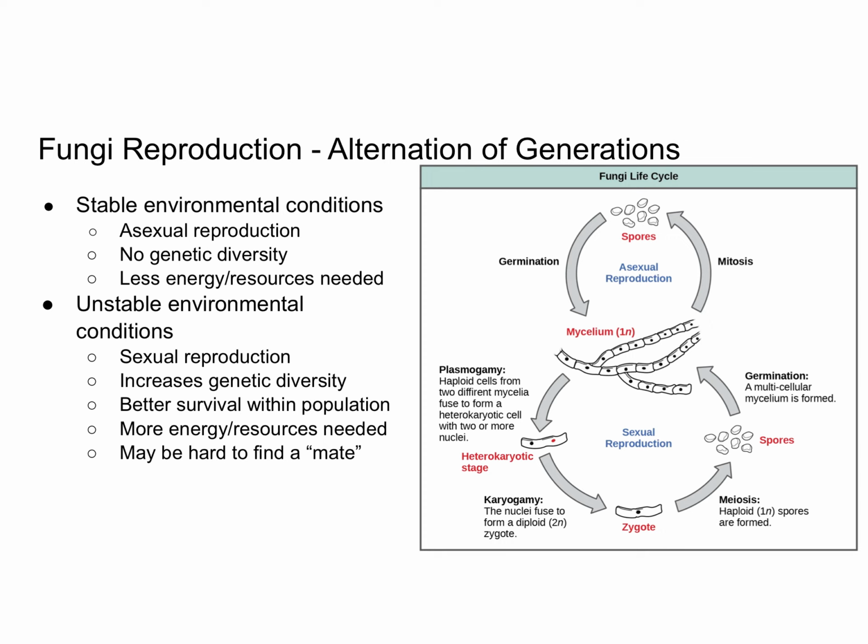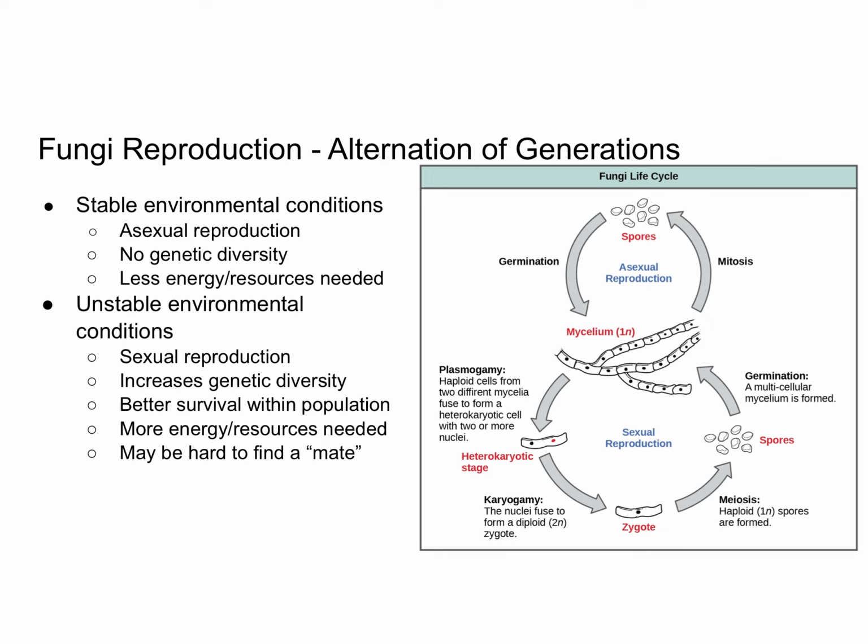Organisms also don't need to find another organism with the opposite mating type in order to reproduce asexually. We also know that with asexual reproduction, there is not much genetic diversity happening, or the genetic diversity is not increasing. And that's okay in a stable environment because we know that the organisms that are surviving and reproducing have the proper genetics to survive and reproduce in that environment.